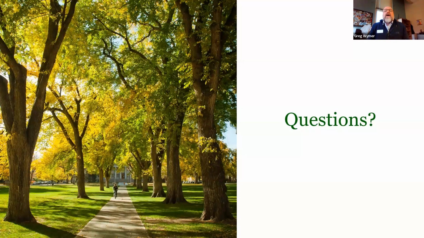Sharitha asks how to get an assistantship. Graduate assistantships are actually determined by the departments. So if you're a grad student, you need to communicate with the department. Let's say, I'm just going to throw a major out there, a master's student in civil engineering, and you want to get a graduate assistantship.